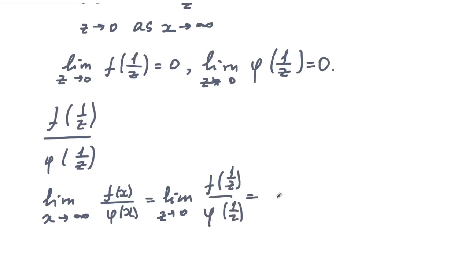or the limit as z approaches 0 of f prime of 1 over z. We must multiply by the derivative of the argument of our function. It means 1 over z, the derivative of 1 over z is minus 1 over z squared.